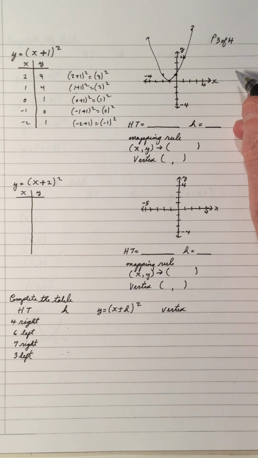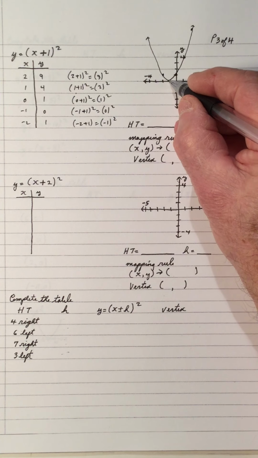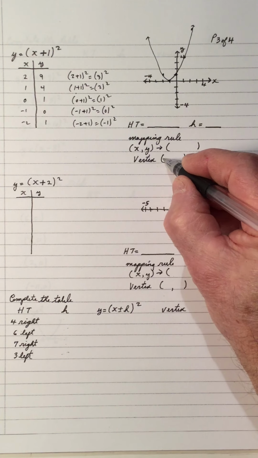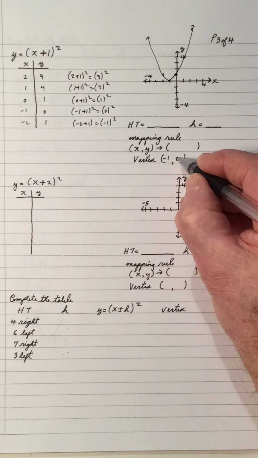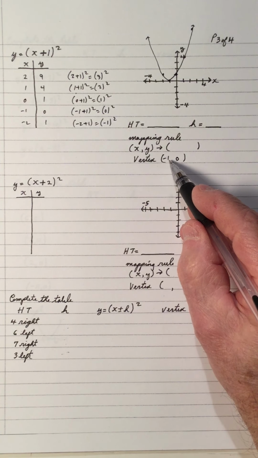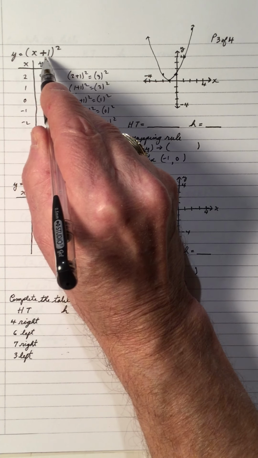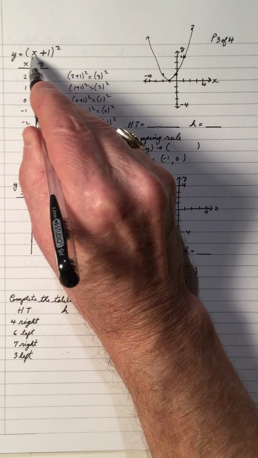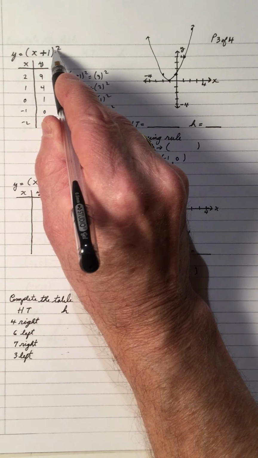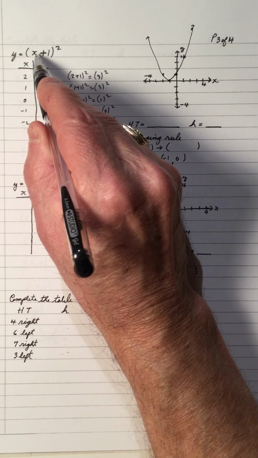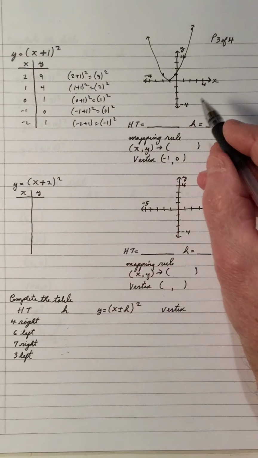And what you notice is that the vertex is x is negative 1, y is 0. And notice the negative 1 is the opposite of the 1. Because when you put a negative 1 in the place of x, you get negative 1 plus 1 is 0, 0 squared is 0. So when x is negative 1, y is 0.